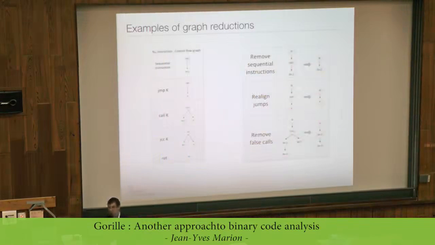But of course, this is not sufficient. You have to push this idea of abstracting the control flow graph, and we are using some reduction. That means you have a graph, and we are reducing it by preserving, it's a big word, but by preserving some semantics of the program.